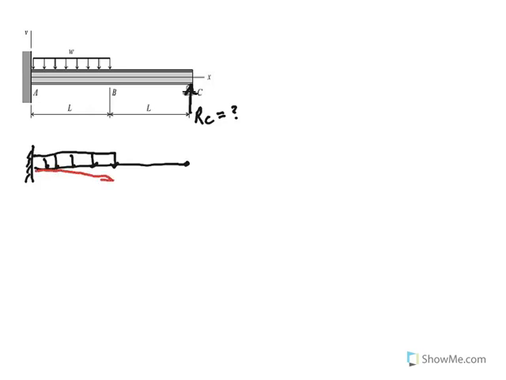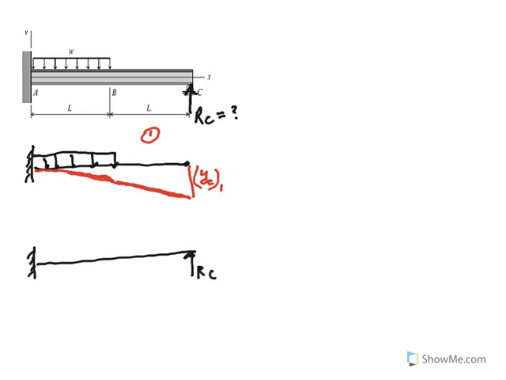So if we go ahead and find the deflection of this guy, how would this deflect, by the way? This would deflect as a curve up to point P, and then it remains linear like that. So we want to find the deflection here. Let's call this beam number 1, and this would be the deflection at C for beam number 1. And then the other beam is due to this R sub C, right? This guy obviously would deflect up like that, and you want to find Y sub C2.